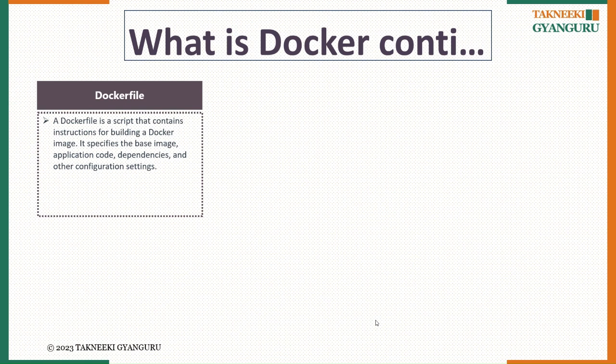A Dockerfile is basically a script, right? It is a script file where we mention all the instructions, like what the operating system will be, and what the users will be. If we have ports, they should be defined.